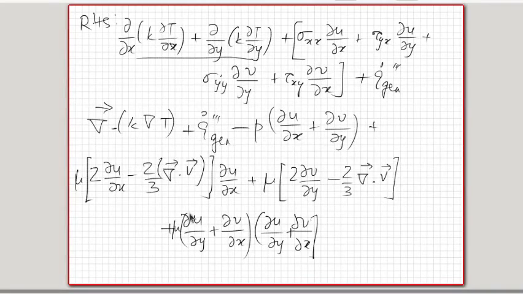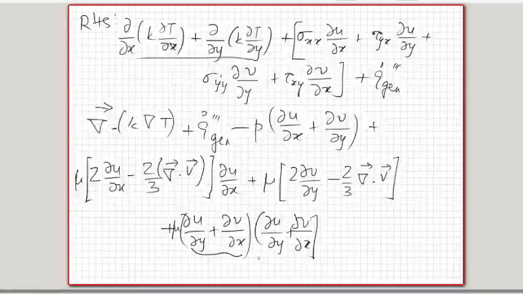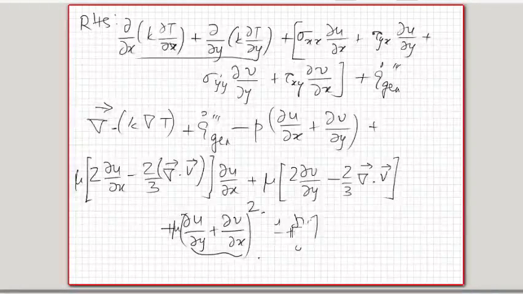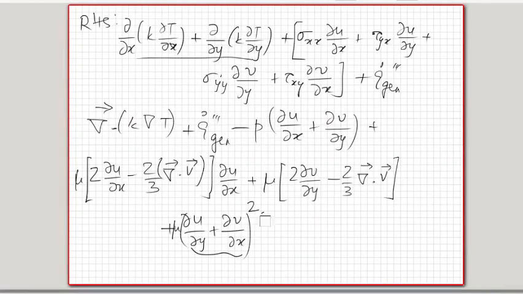So what happens here? This becomes this the whole square. Okay, so I can write it the whole square and remove the second one. Right? So that is one part of it. The other part, here again, I can gather terms.